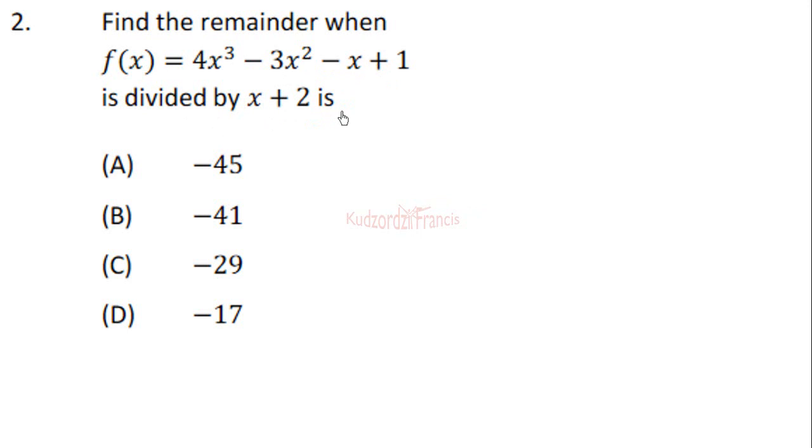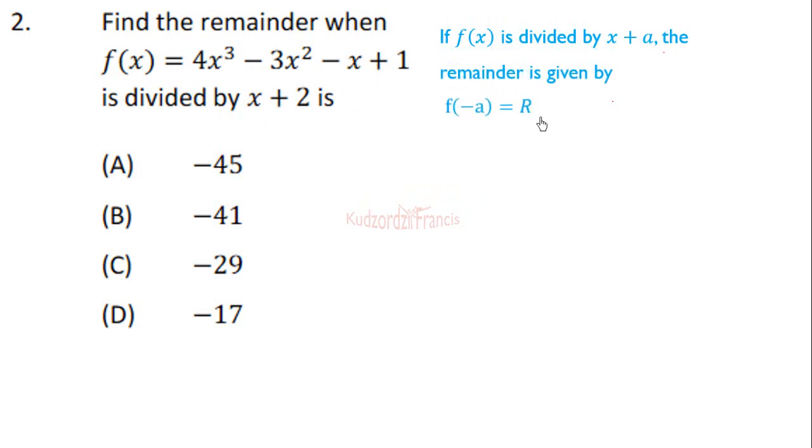So according to the remainder theorem, if f of x is divided by x plus a, then the remainder is given by f of negative a is equal to r. So if you plug in negative of this, we need to get the remainder. So how do you get negative a? Just equate this to 0 and solve for a.